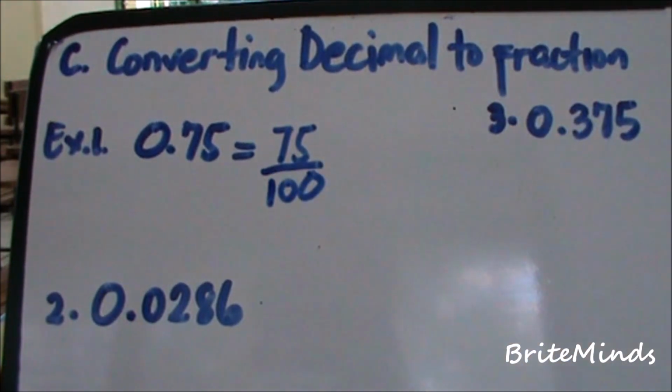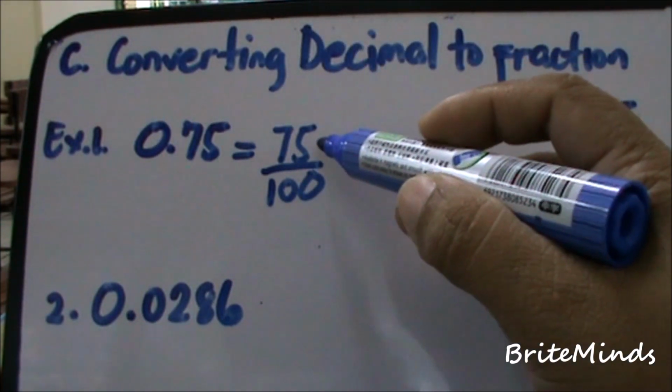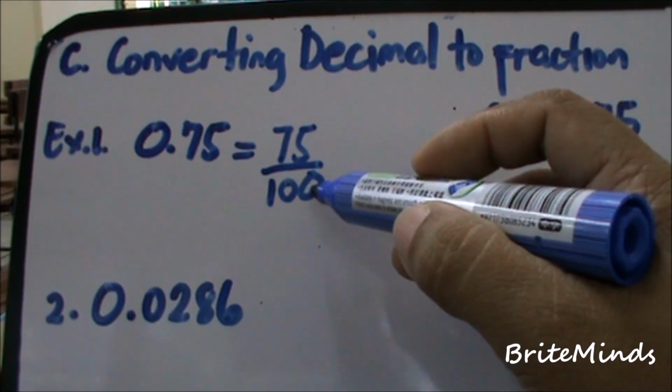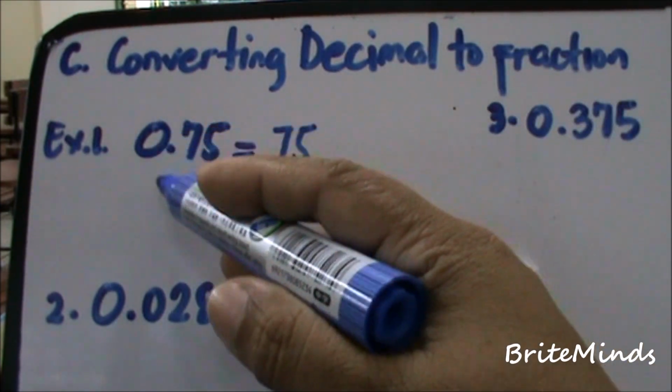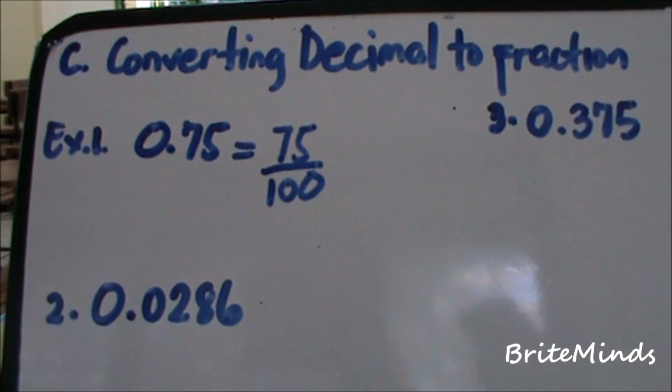Okay, so 75 over 100, because if we are going to divide 75 by 100, the result will be 0.75 or 75 hundredths. And then reduce it to lowest terms.